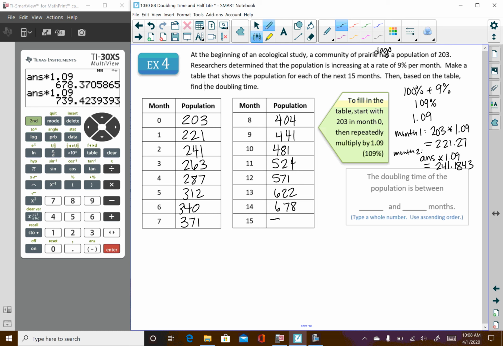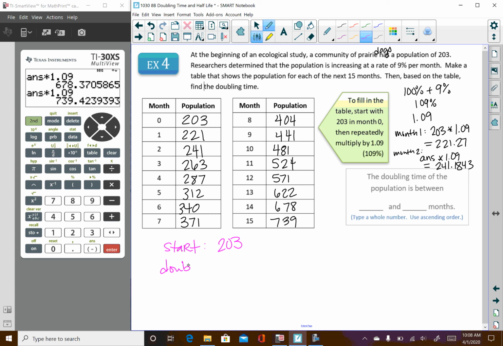678 and 739. Okay, so then one last follow-up question is, based on our table, find the doubling time. And this is not like some fancy math calculation. We just need to think a little bit logically for a second. We started with 203.